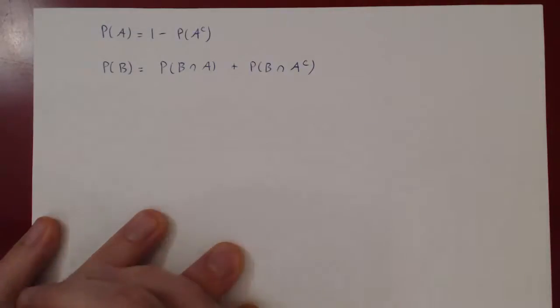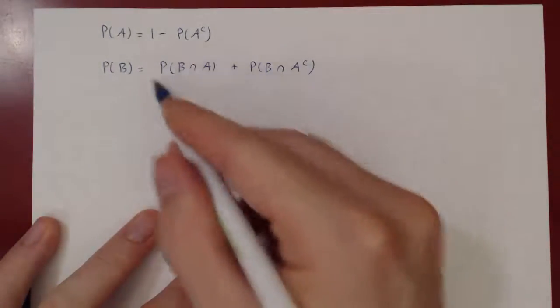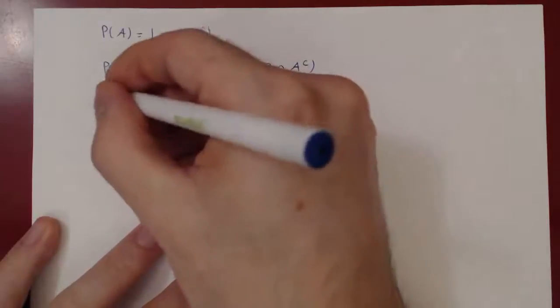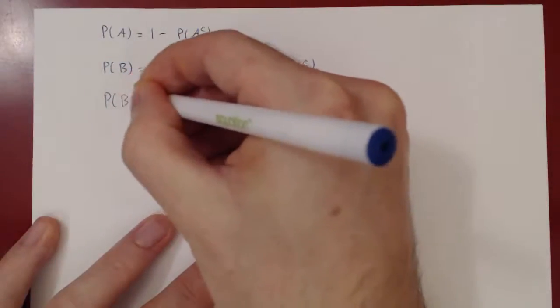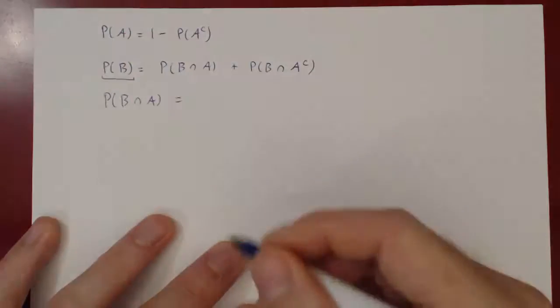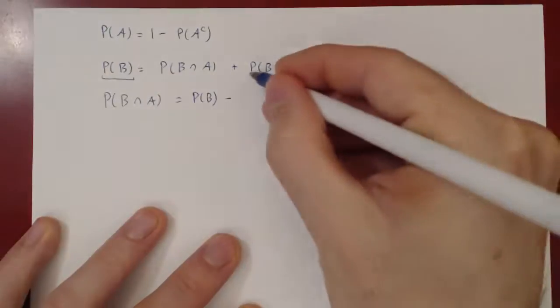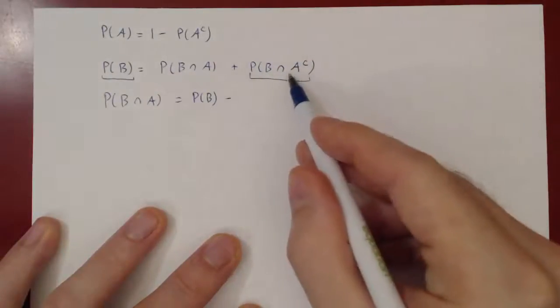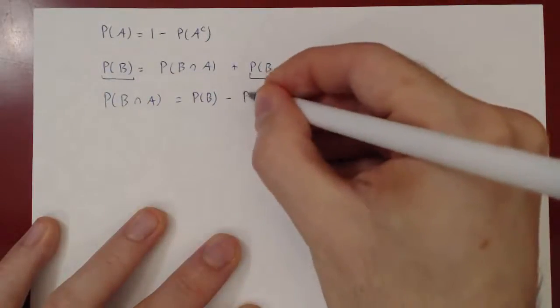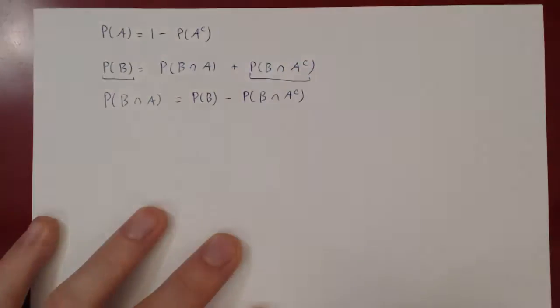Now, what I'll do is I'll subtract this on both sides, and I'll isolate P of B intersects A. So P of B intersects A will be P of B minus, I'm sending this on the other side, so minus P of B intersects A complement.